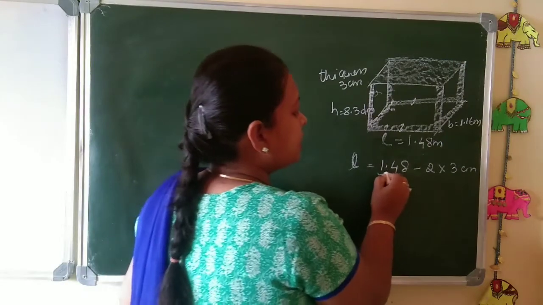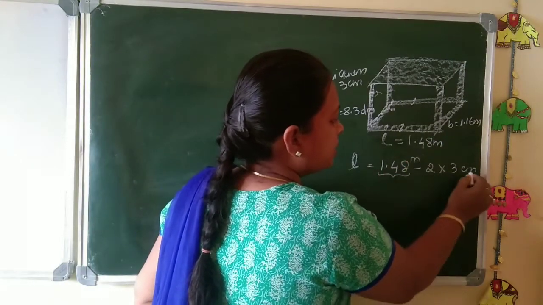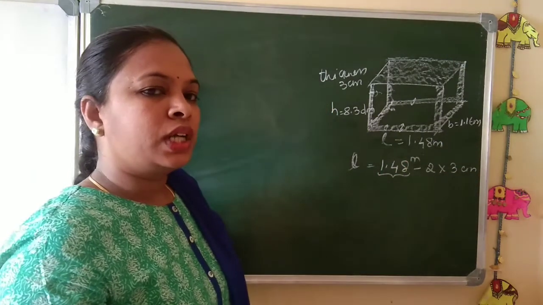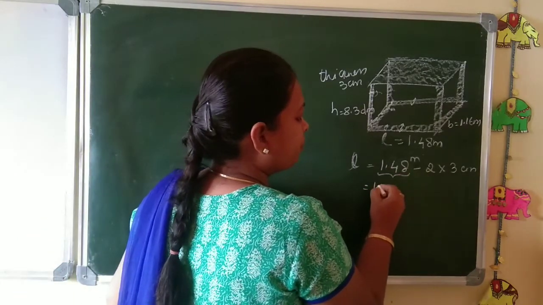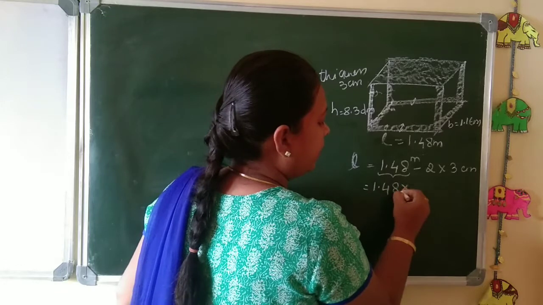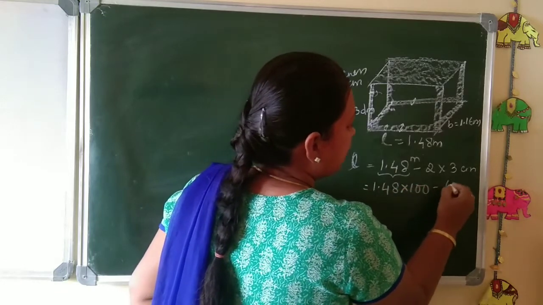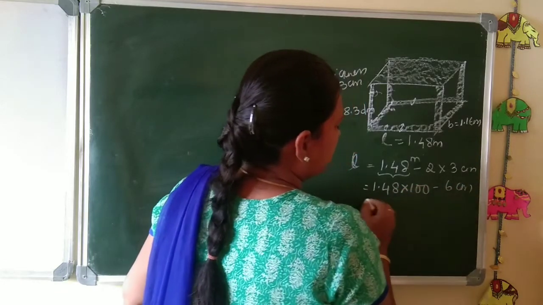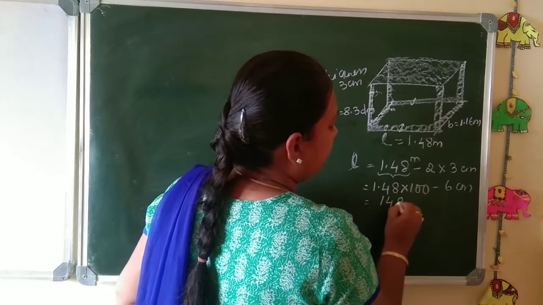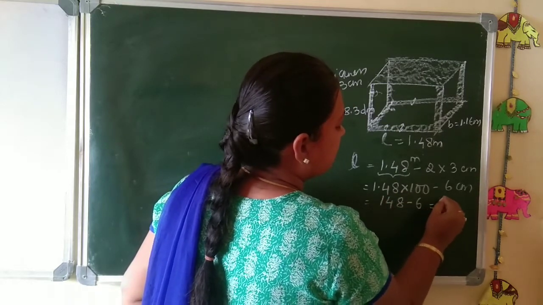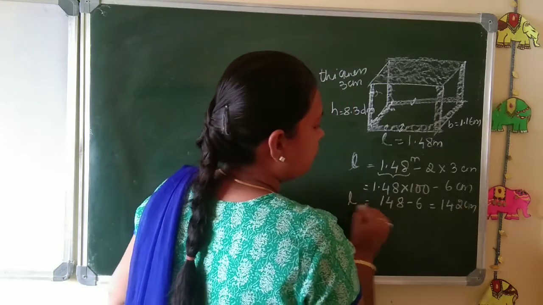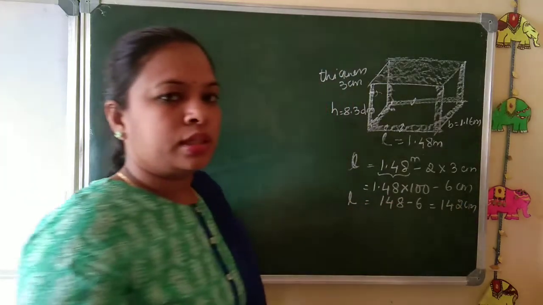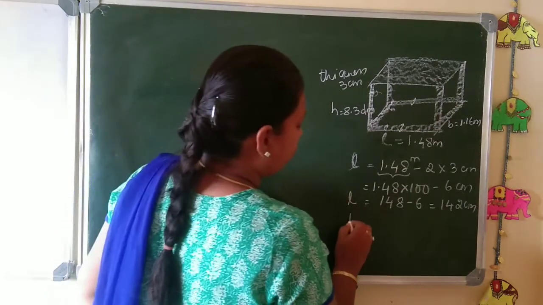But here it is in meters and here it is in centimeters, so we will convert both into centimeters. So 1.48 into 100 minus 6 centimeters. That will be 148 minus 6, which is equal to 142 centimeters. Length is 142 centimeters.